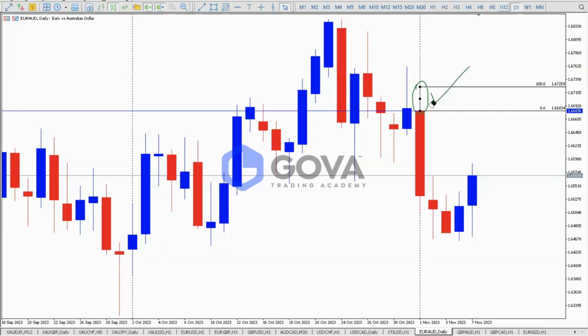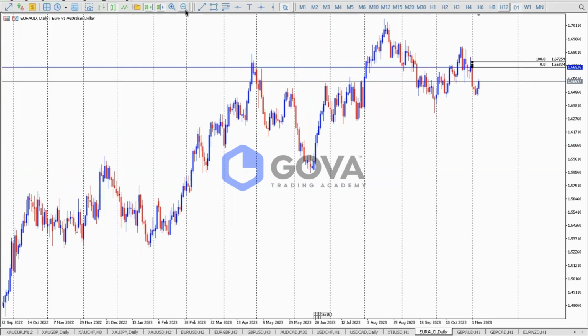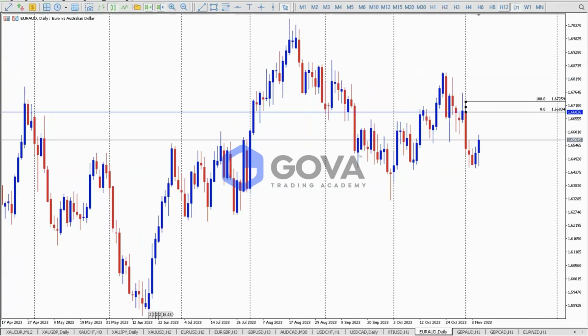Now, there's another type of location that you need to be aware of. You can see here, this is a supply zone, a higher time frame psychological supply level. Whenever markets come into this area, market usually rejects.